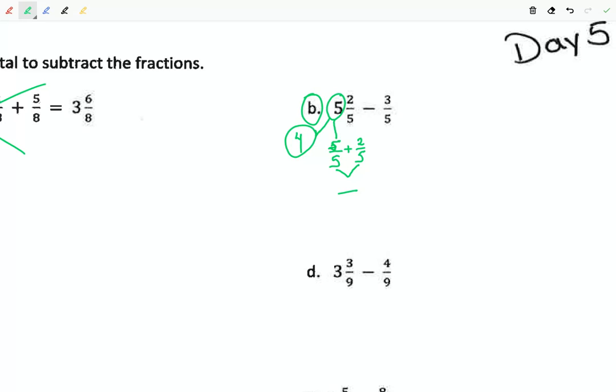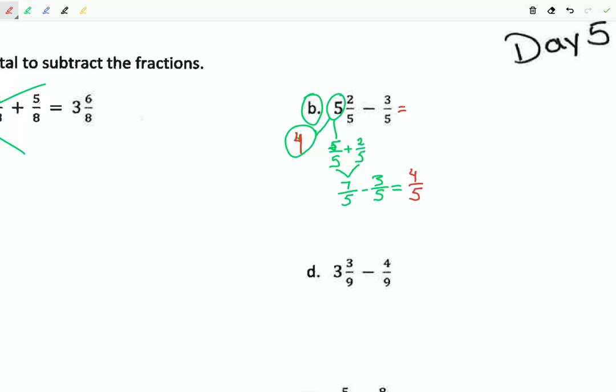Okay, so 5 plus 2 is 7, and I am working with fifths. And so now I can go ahead and subtract that 3/5. If I do that, I end up with, let's see how many fifths, 7 minus 3 is 4, 4/5. And then please don't forget about that 4 that you put aside because that's part of your answer. We're not subtracting anything from that one.